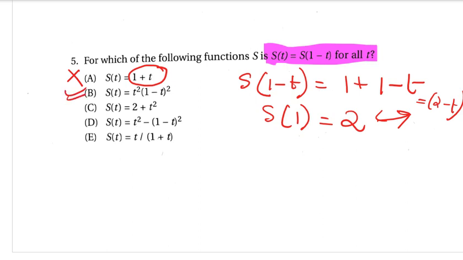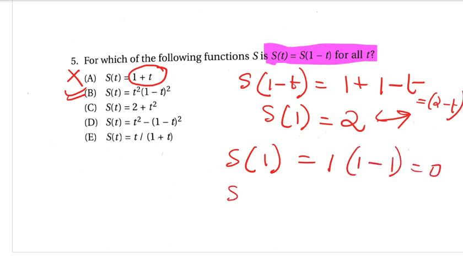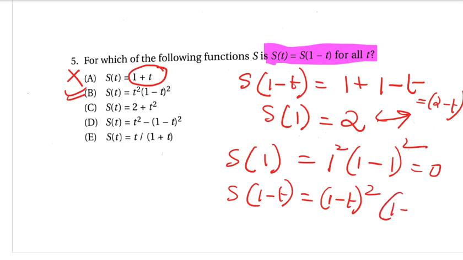Let's check this one. Let's check for S of 1 first. So 1 minus 1, that is 0. Now let's check S of 1 minus t. That is 1 minus t whole square. I didn't write a square over here because there is no need of putting a square, you can put it if you want. So this is 1 minus 1 minus t, which means plus t.